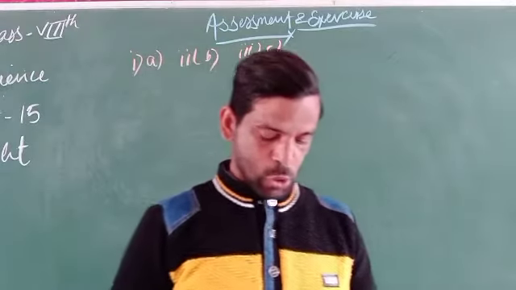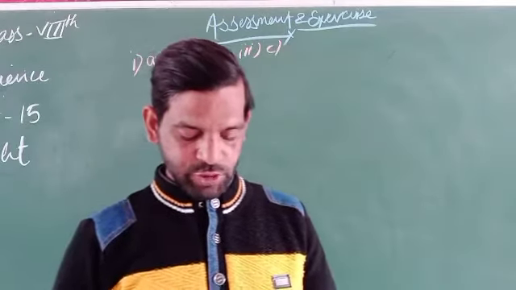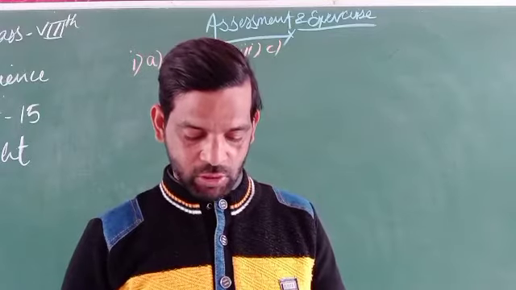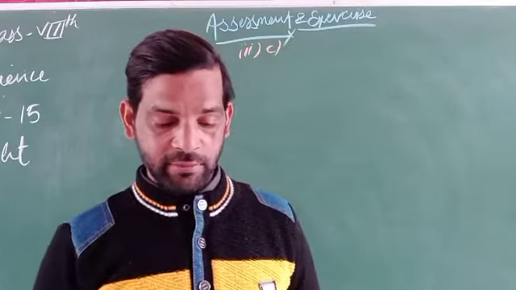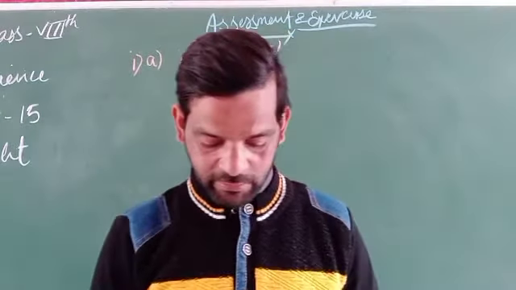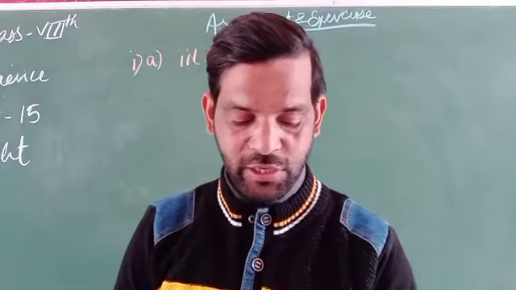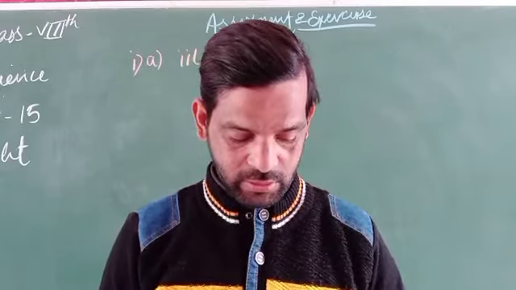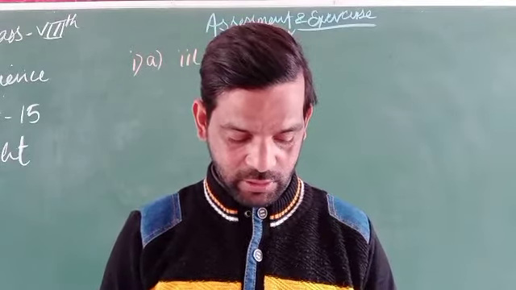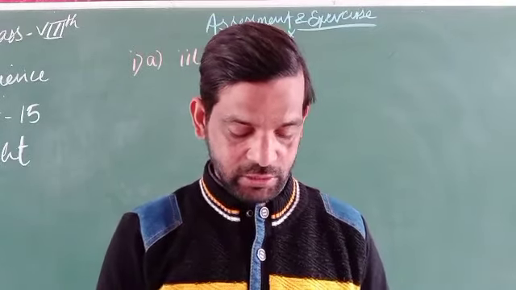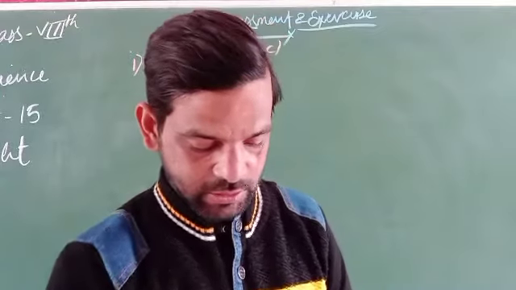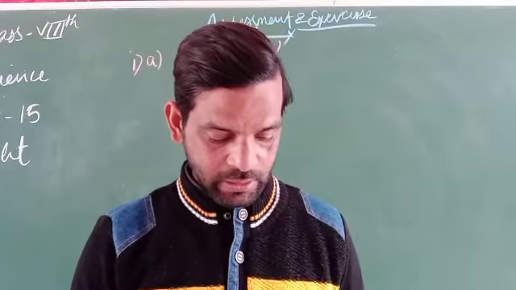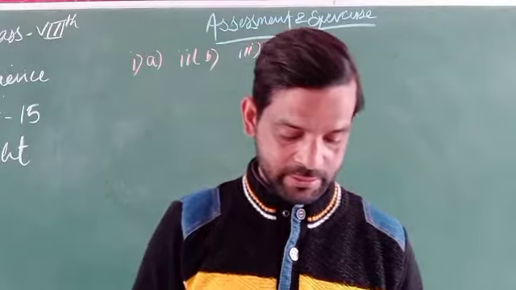Fourth one: the part of the eye which controls the light entering is called. Which one controls the light entering into the eyes? What is this structure called actually? That is called the iris.